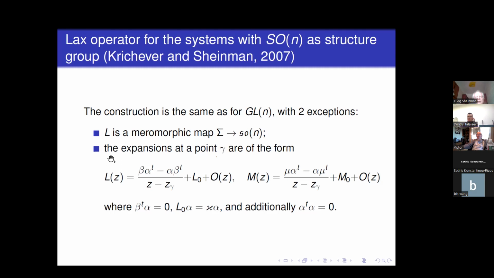The expansions of the Lax operator and M operators at a gamma point are of the following form. Instead of alpha beta, we put the easiest rank 2 skew-symmetric matrix in the numerator of the degree -1 term.